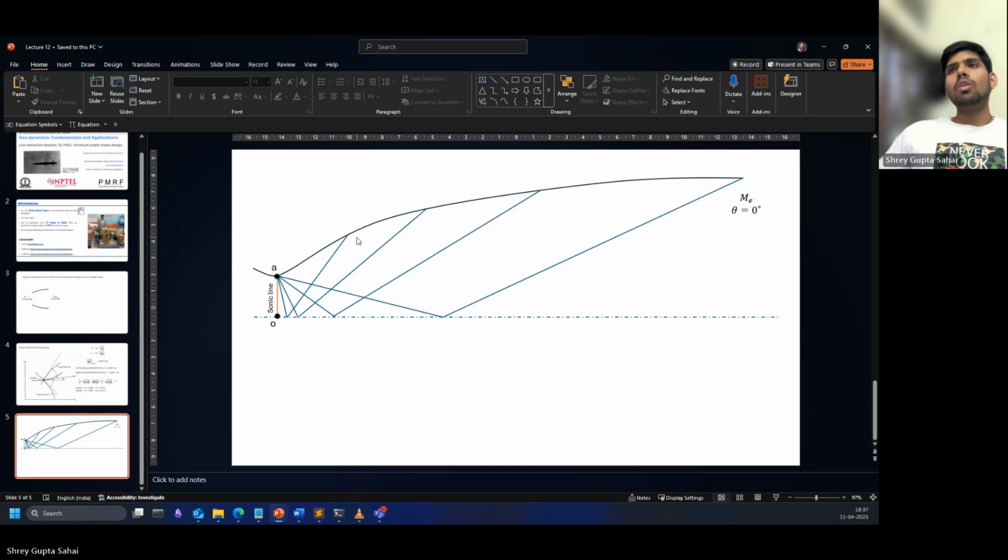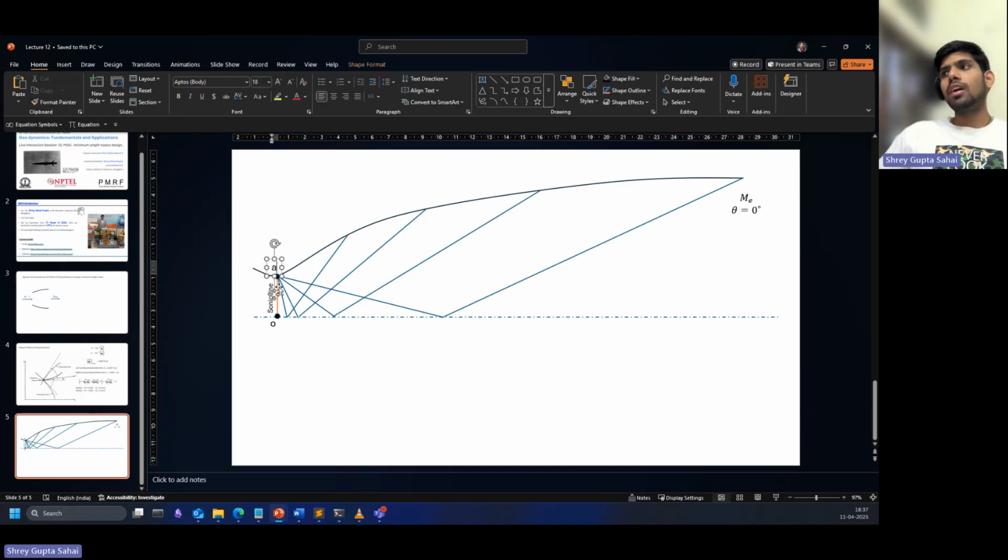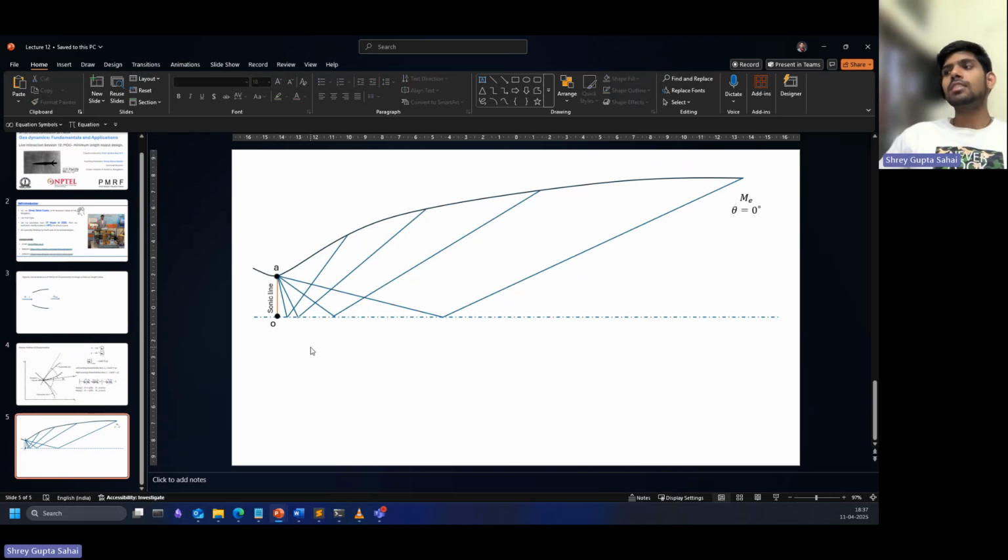Now, that can only happen if there are some characteristic lines that emerge from the throat corner and move towards the flow, or towards the center line, and they will inform the flow.